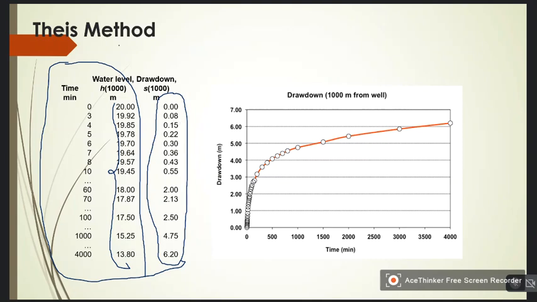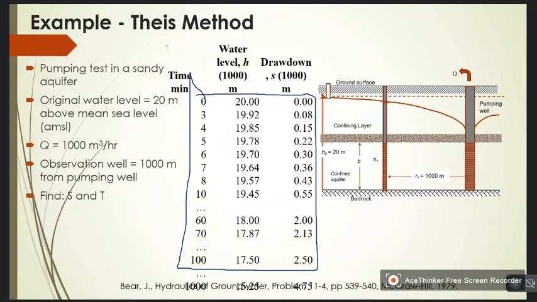Not H1 minus H2, H naught minus H. H naught is the standard 20, the equilibrium value. See, this is H naught.